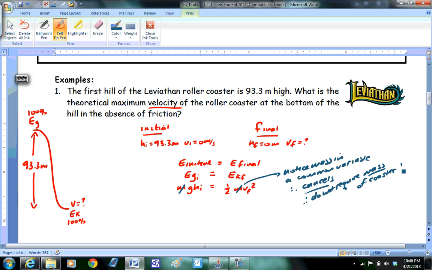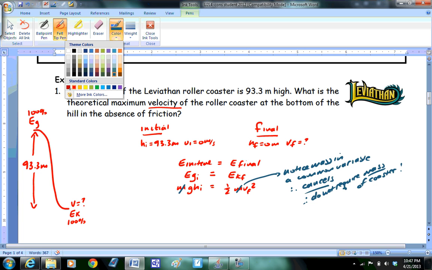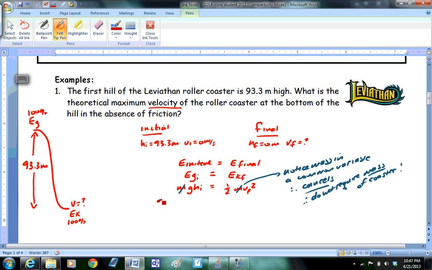Okay, so let's plug our numbers in and see what we have. 9.81 meters per second squared times my height, 93.3 meters, is equal to 1/2 vf squared.